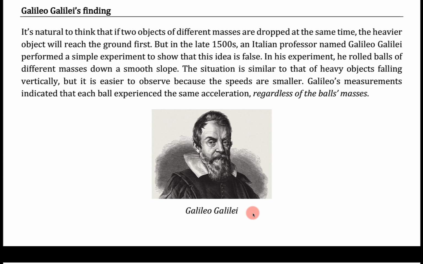Now, rolling masses down a smooth slope is not exactly identical to objects experiencing free fall, but the situation is similar, and Galileo did his experiment in this way because it was easier to observe since the speeds were smaller. And Galileo found in his experiment that each ball experienced the same acceleration regardless of the ball's masses. So balls of different masses actually rolled down the slope with the same acceleration.